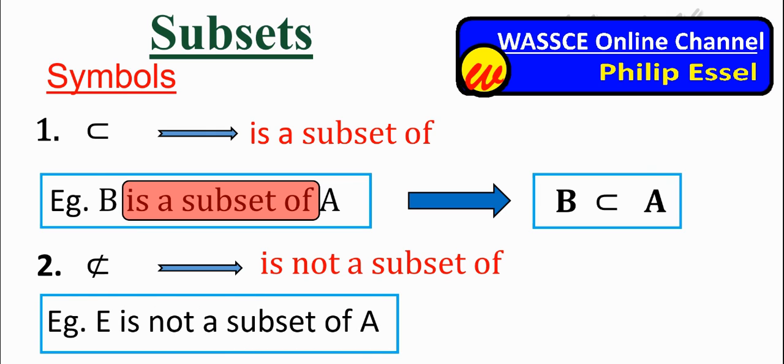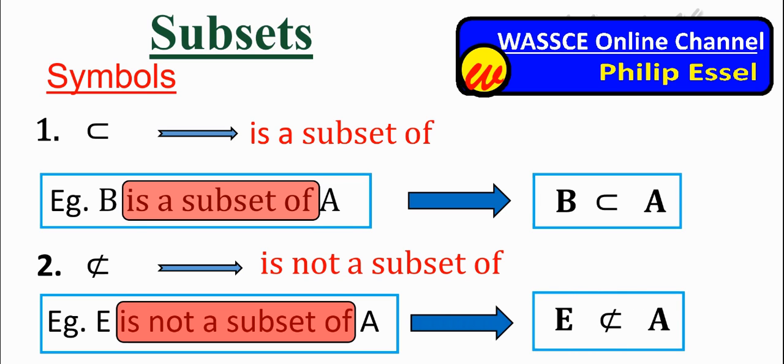In this example, we have the statement E is not a subset of A. So, we would replace the statement is not a subset of with its symbol. When we do this, we will get E followed by the not a subset of symbol, then A, which would also be read as E is not a subset of A.